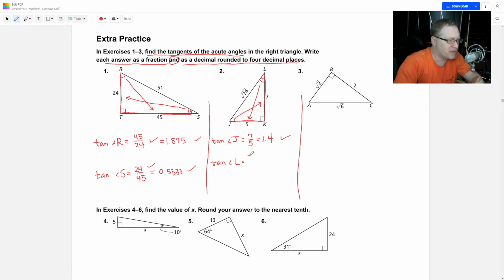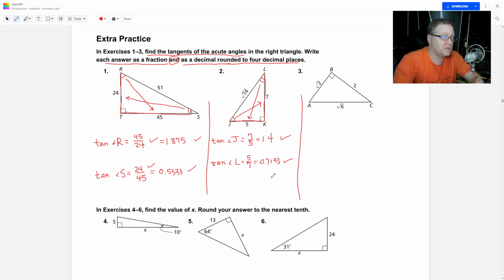So 5 is going to be on top now. We have 5 over 7 is the tangent of L. So again, using a calculator, 5 divided by 7 is 0.7143.